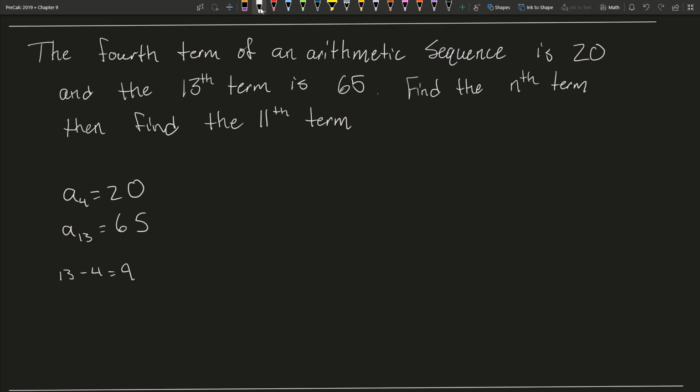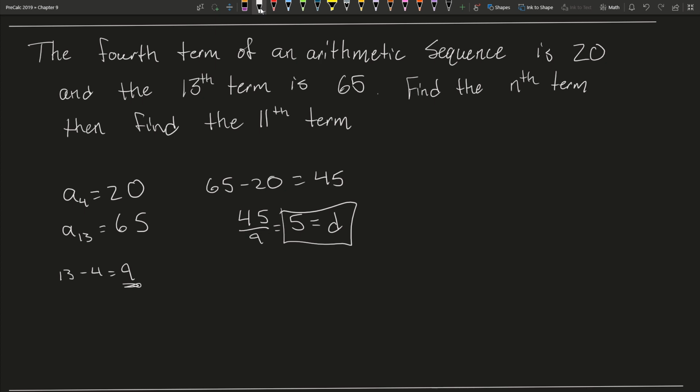Because we're adding something over and over again 9 times. So our common difference then is just 5.